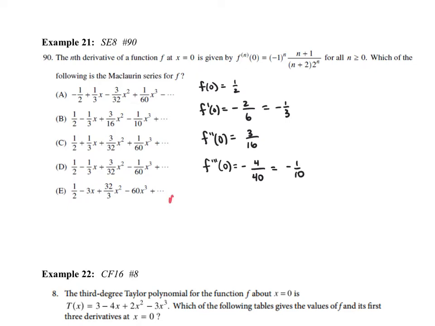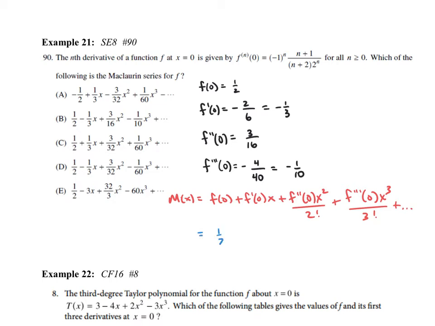Okay, in general, for the Maclaurin series, we have f of 0 plus f prime of 0 times x plus f double prime of 0 times x squared divided by 2 factorial plus f triple prime of 0 times x cubed over 3 factorial. And so we'll just go ahead and substitute all of our values we just found to get our answer.